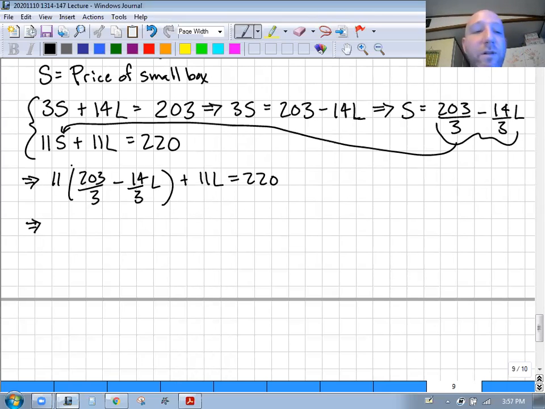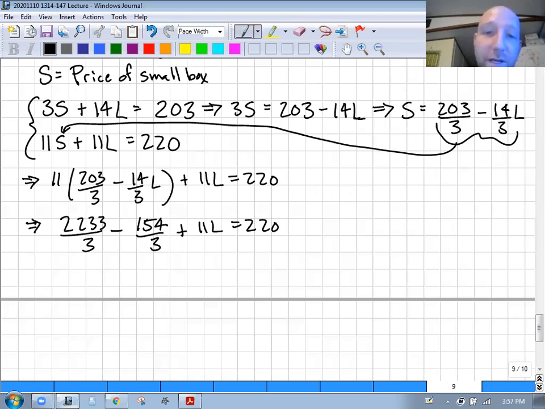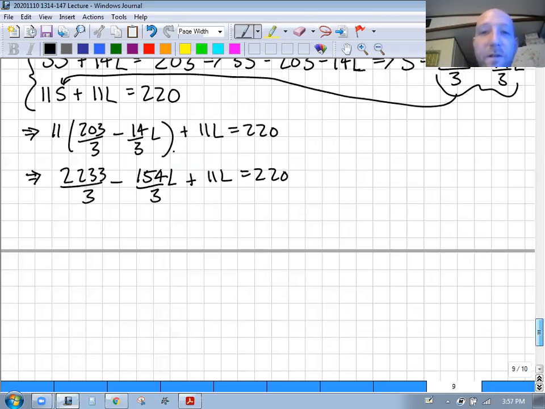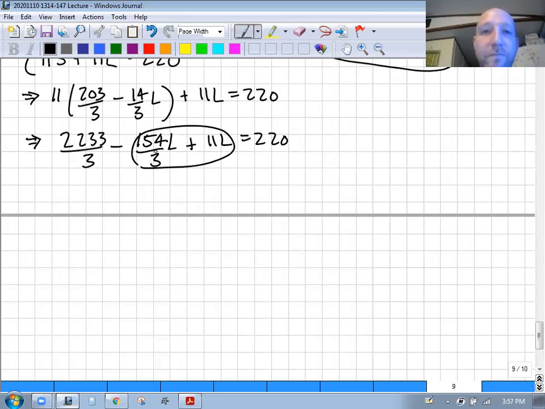So if we multiply our 11 through, 203 times 11, 2,233 over 3. And 14 times 11, 154 over 3 L. Plus 11L equals 220. Oh, I forgot my L here. All right, so let's combine our L's here.